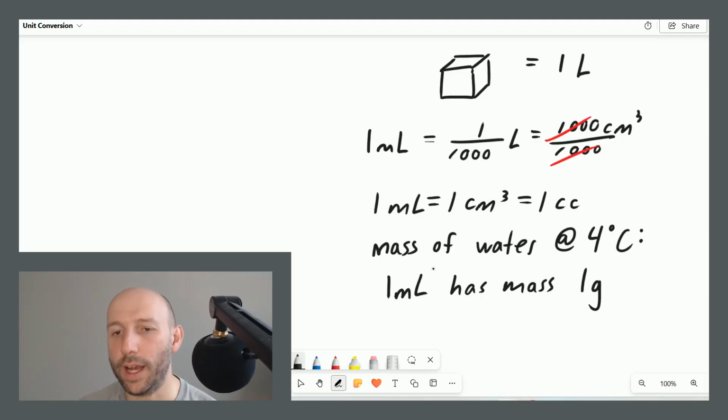That is how a gram is defined. It is the mass of 1 milliliter of water at approximately 4 degrees Celsius, where water has its maximum density.